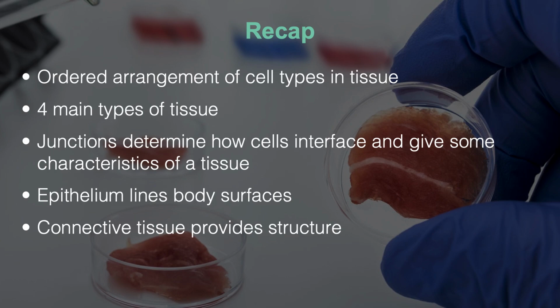And how those cells are arranged, or what types of cells are there, dictate the functions of that tissue. Not only that, but how the cells are connected or anchored in place gives some tissues certain characteristics. Maybe it's waterproof or impermeable. There are a lot of tight junctions.